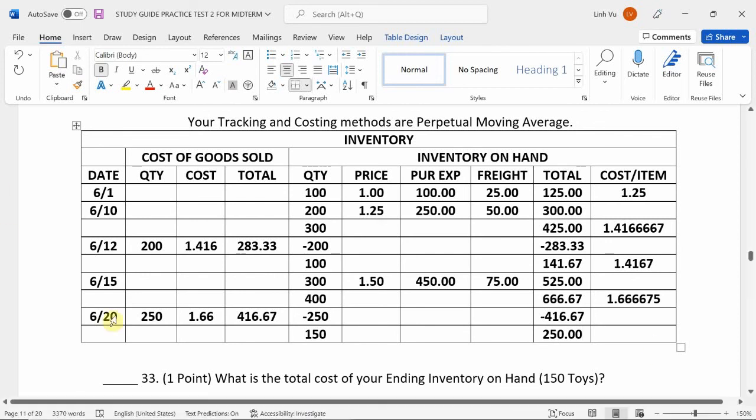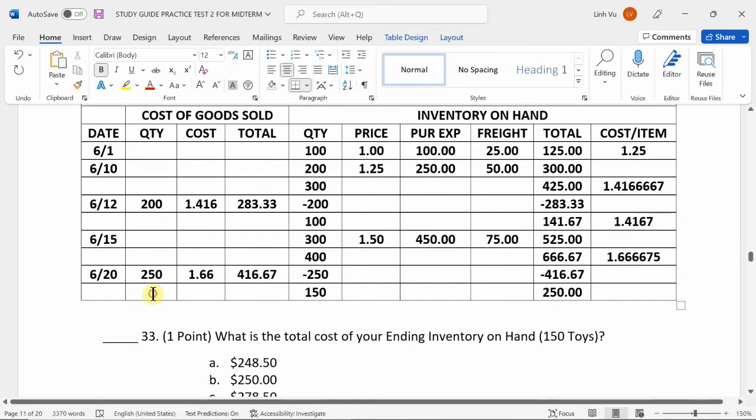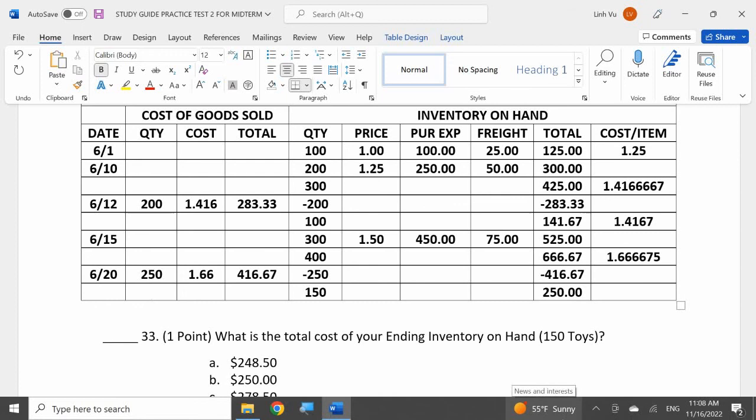Okay, and then we know that we sold 450 units at a grand total cost of $700.